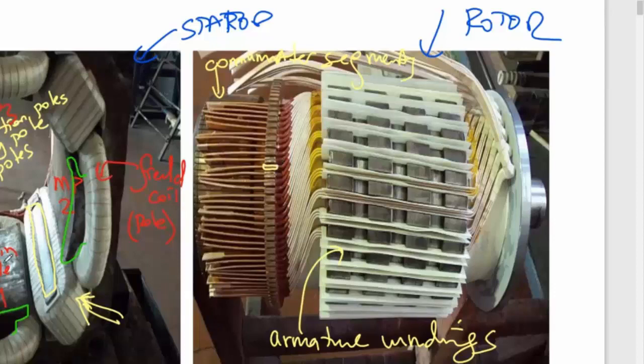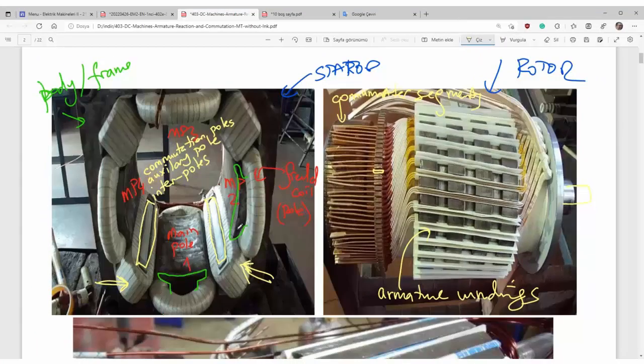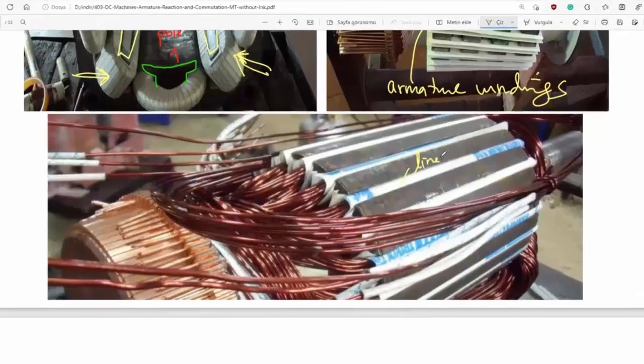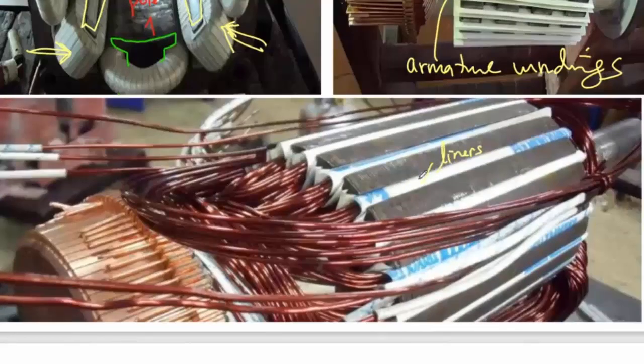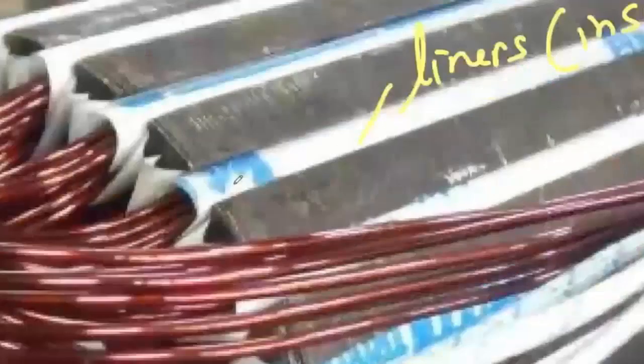There must be at least two connections in each commutator segment. Here's the shaft you see. Nothing more. Here are liners, insulation materials inside the iron core, because those are iron sheets you see.